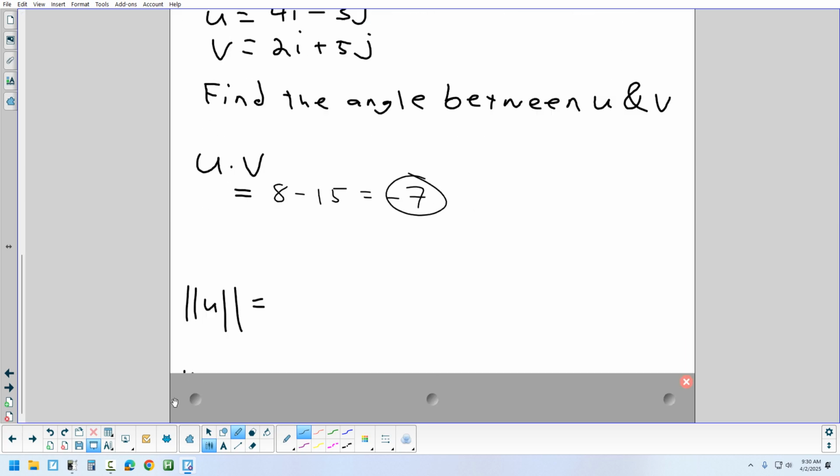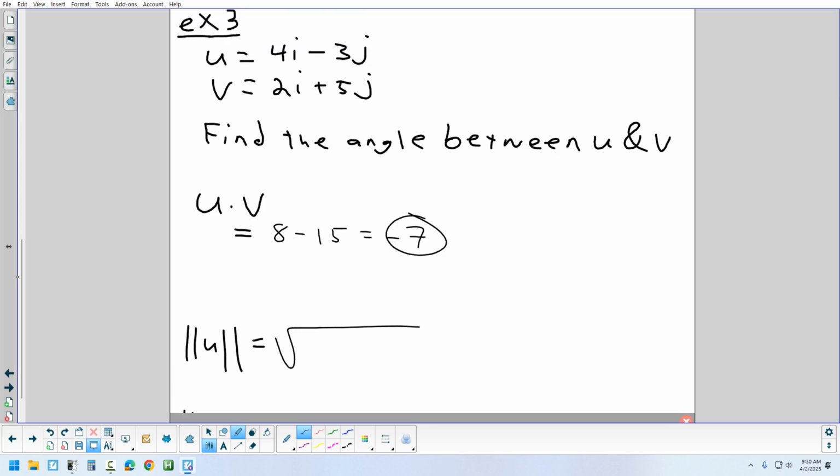Now we need the magnitude of u. It's going to be the square root of what squared plus what squared. 4 squared and negative 3 squared. Yep. So the magnitude of u would be how much?